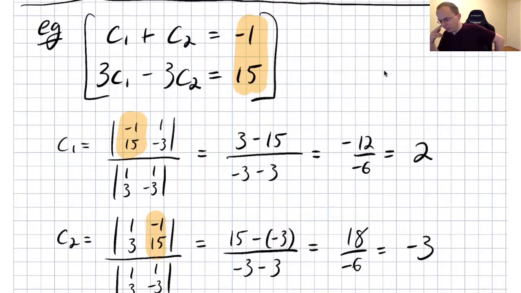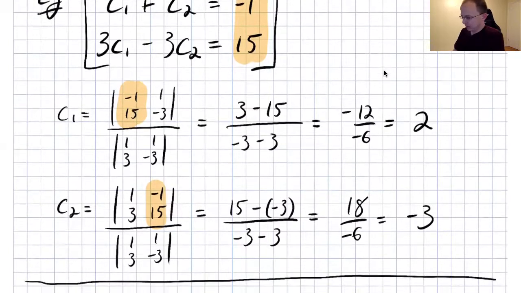When we did it before, I think we multiplied one equation by 3, added them together, which gave us the value for C1, and then substituted that into the other equation to get C2. There are a lot of steps there. But with Cramer's rule, we can get the solution very easily. I find it very nice to do this.